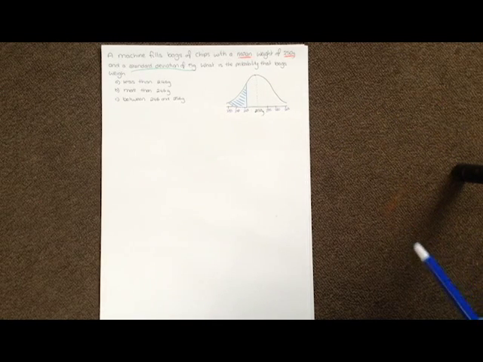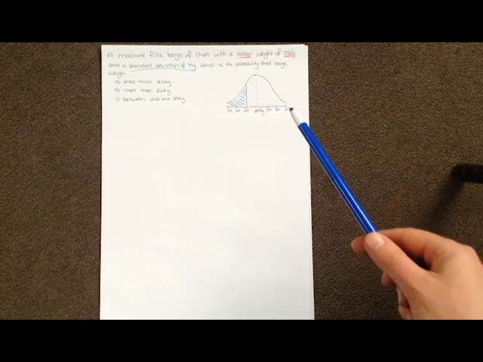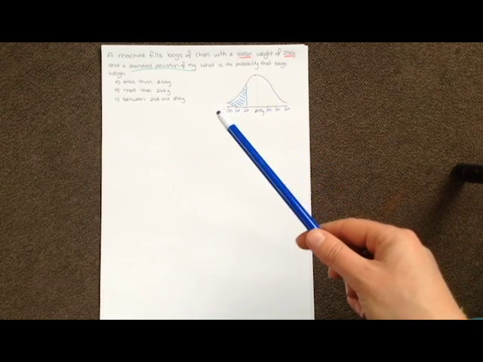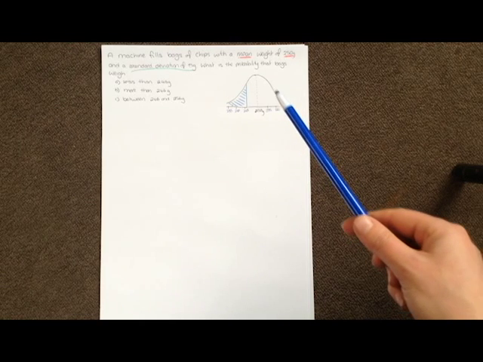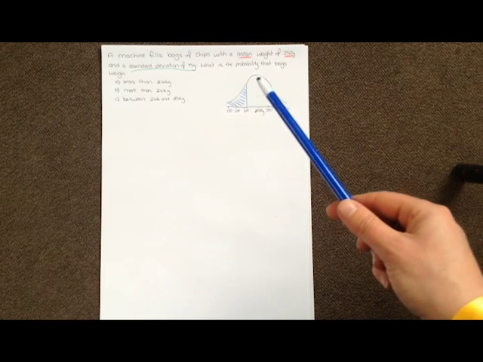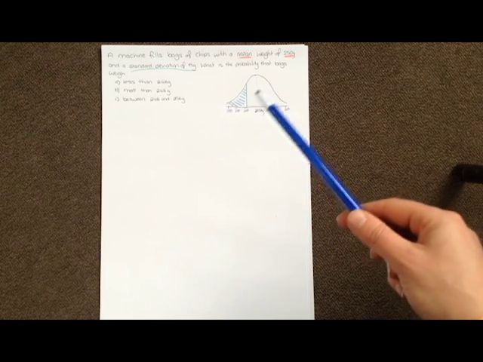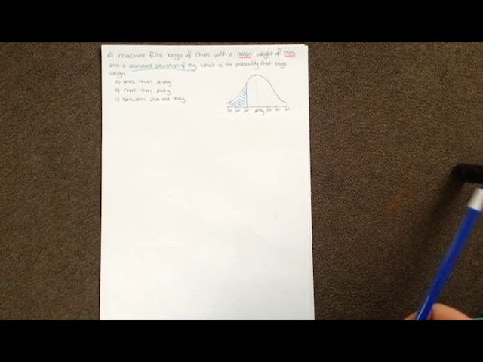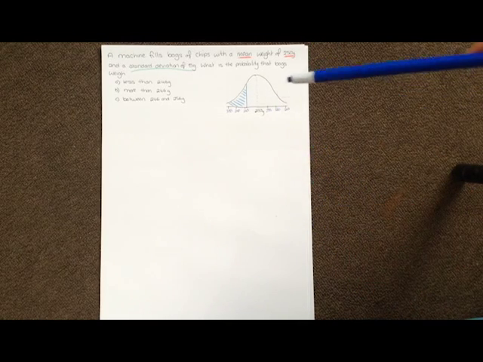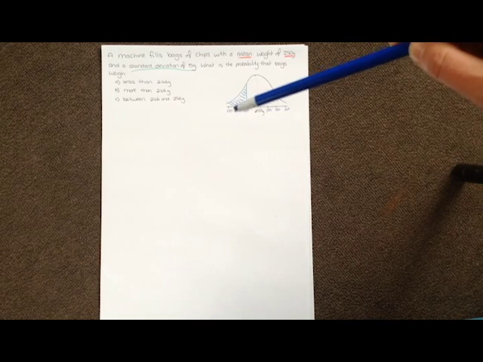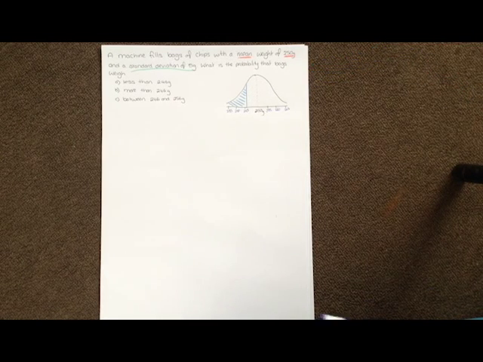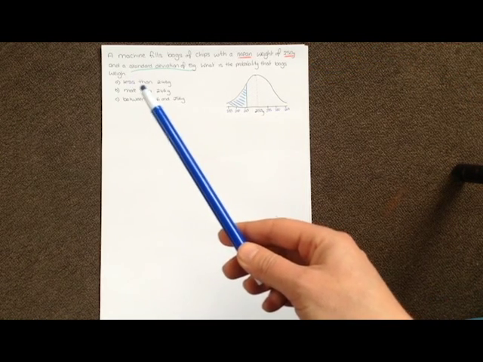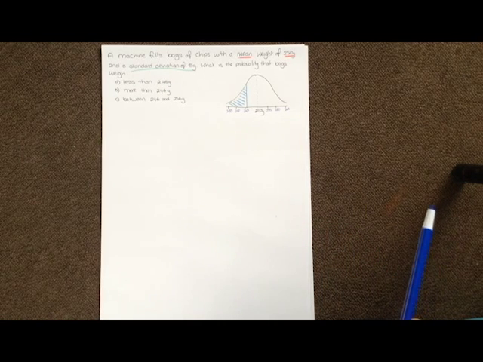Now, interestingly, it's the area under the curve that actually tells us the probability. Because we're saying that almost 100% should be included within 3 standard deviations of the mean, then the area under the whole curve is 100%, or is 1. Now, if I can find the area under this part of the curve, then that will tell me the probability that a bag weighs less than 246 grams.